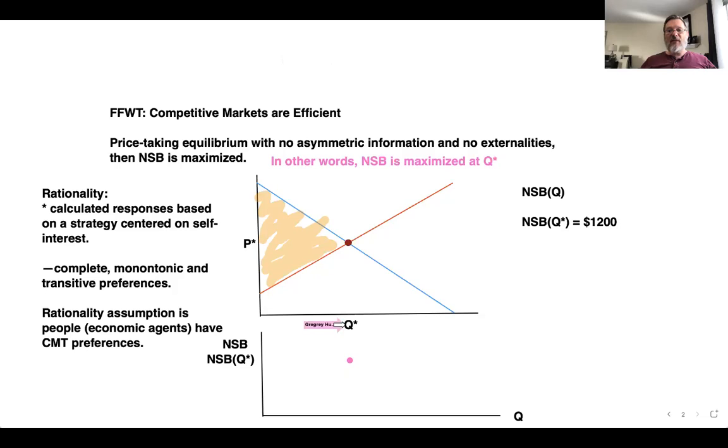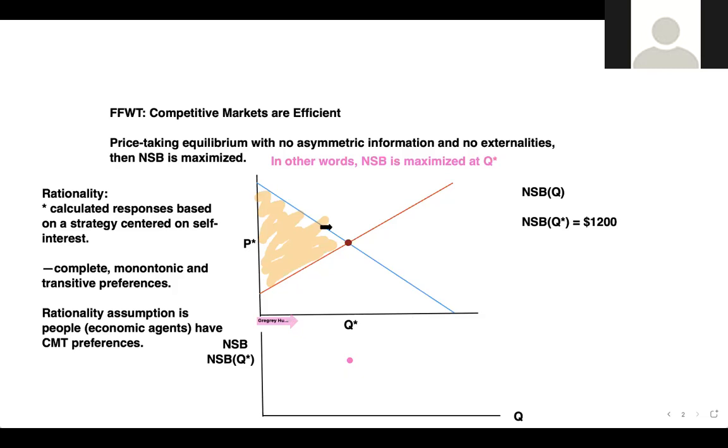I've already computed NSB for Q star and graphed it, right? But if this is really the maximum of the net social benefit function, then how about picking some other Q to get a couple of other points on the function? Do you see what I'm saying?